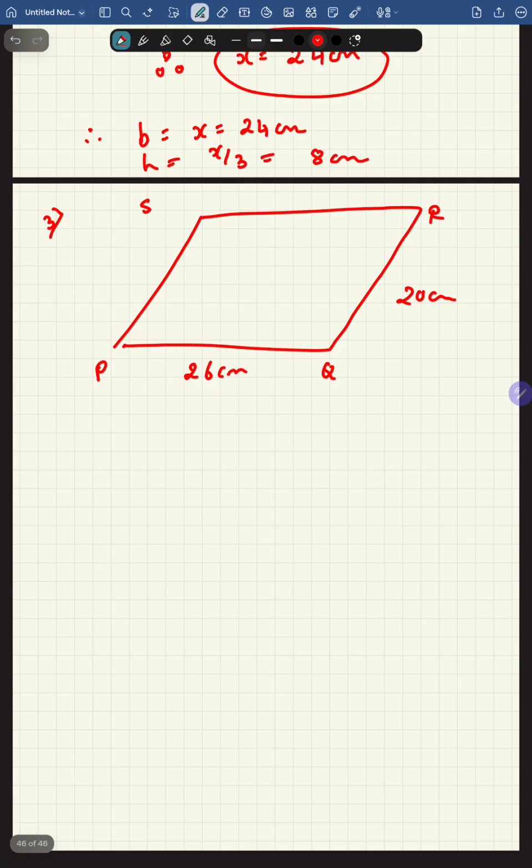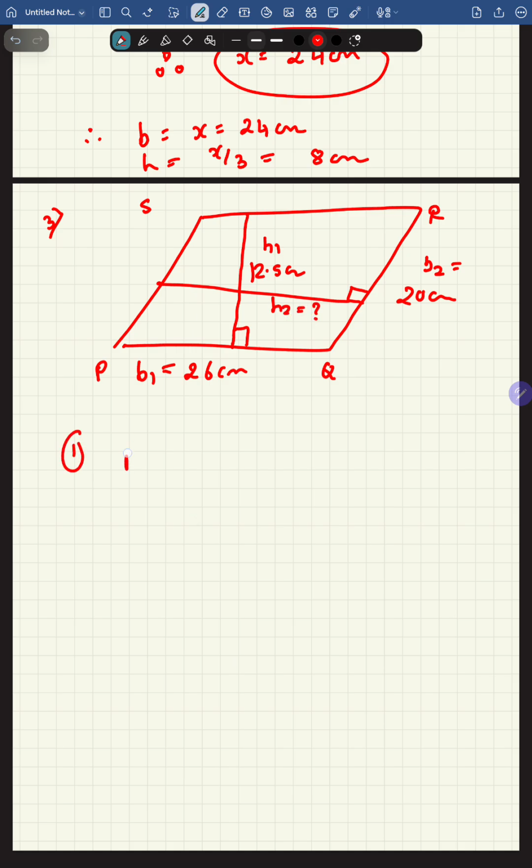But the distance between the longer side is given as 12.5. So this 12.5 is given. We have to find the distance between the shorter side. So let us assume B1, H1 are given and B2, H2 is missing. First let us find the area of parallelogram.